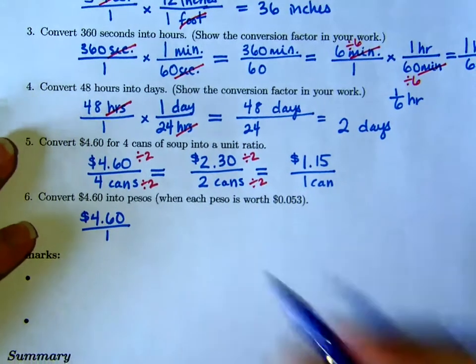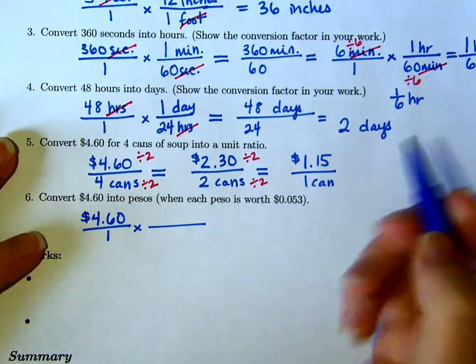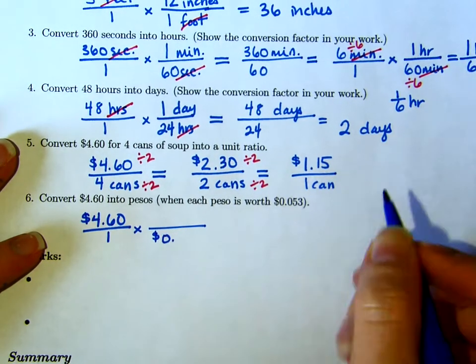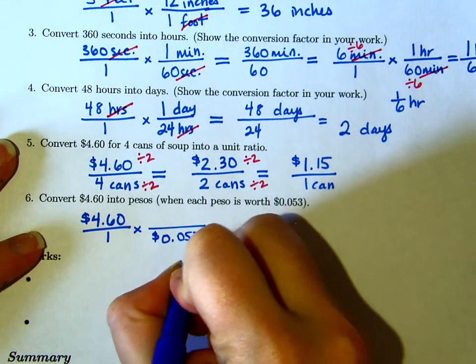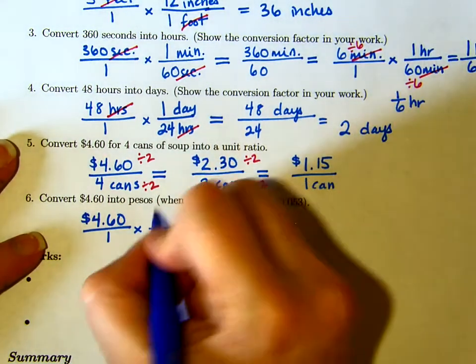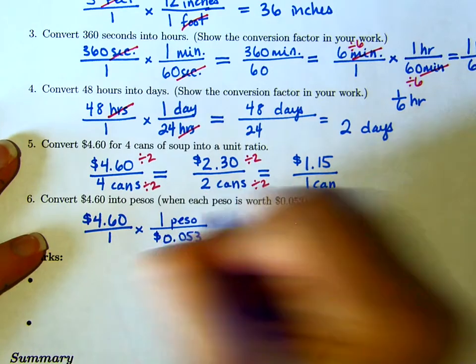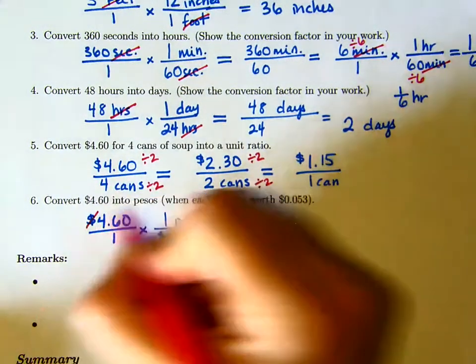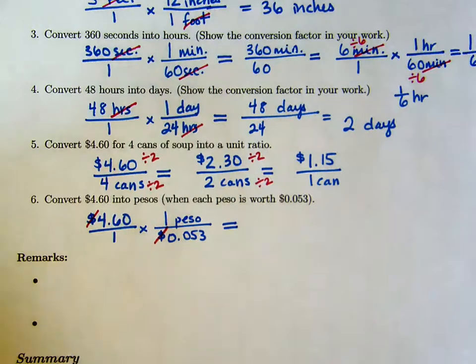That's my whole. My conversion is 0.053. So for every 5 cents of US dollars, we have 1 peso. Convert my unit into pesos.